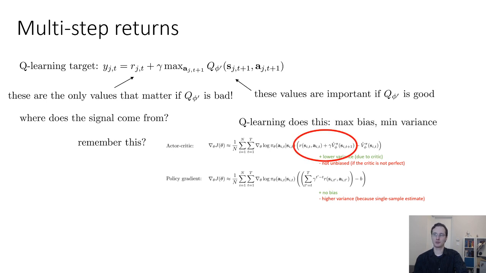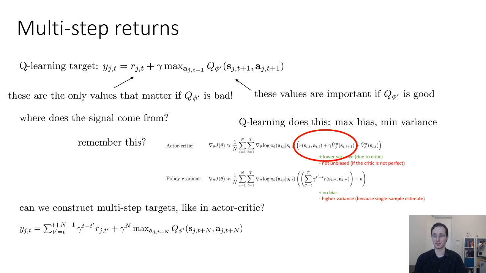So Q-learning, by default, does this kind of one-step backup, which has maximum bias and minimum variance. But you could construct a multi-step target just like an actor-critic. Take a moment to imagine what this multi-step target would look like. If you have a piece of paper in front of you, consider writing it down, and then you can check what you wrote down against what I'm going to tell you on the next slide.